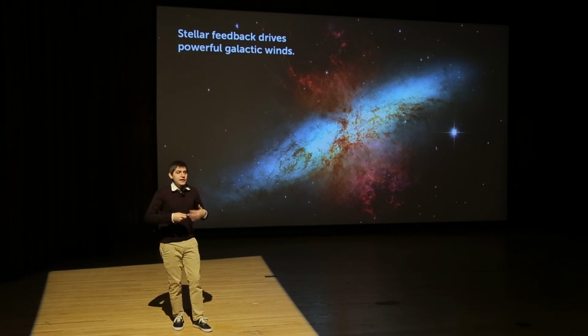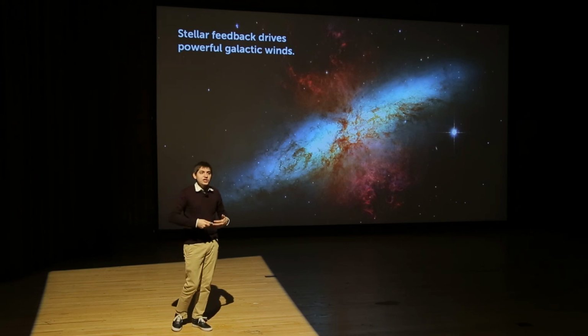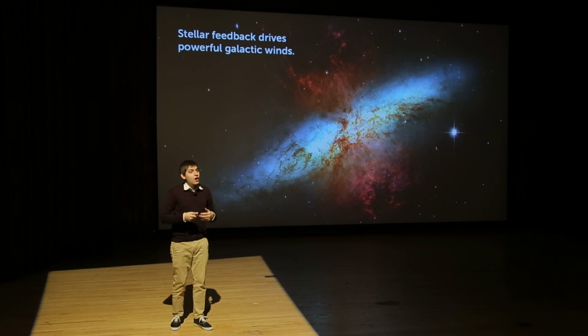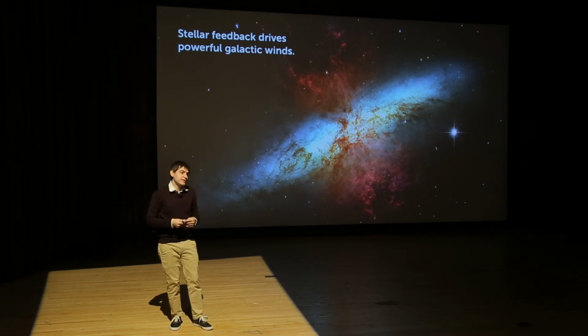And as this feedback interacts with itself, enhancing itself, becoming more and more powerful, it can actually expel material from the galaxy. So we can watch this happen in the simulation and verify in the real universe that these galactic winds are a major contributor to halting star formation in very massive galaxies.